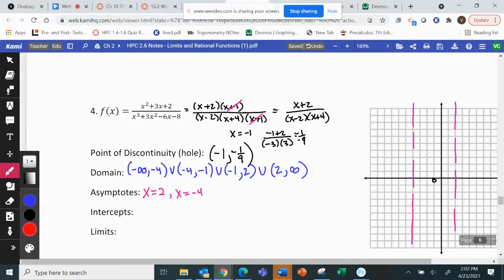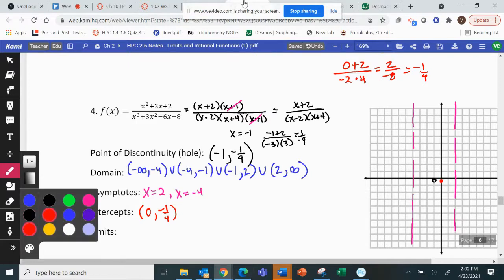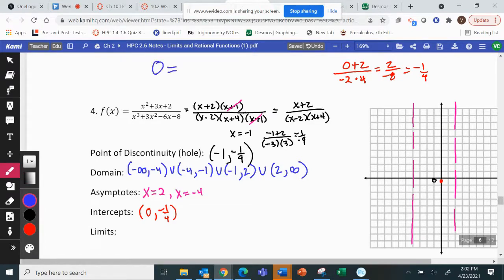Let's see, intercepts. If I plug in 0 for x, my y-intercept is at (0, -1/4). And if I make y equal 0, do you guys notice a shortcut I could do when I say 0 equals x plus 2 over, anybody see a shortcut I can do yet?